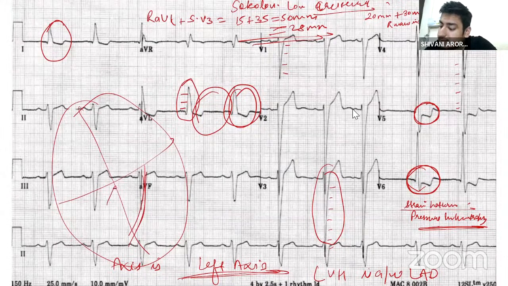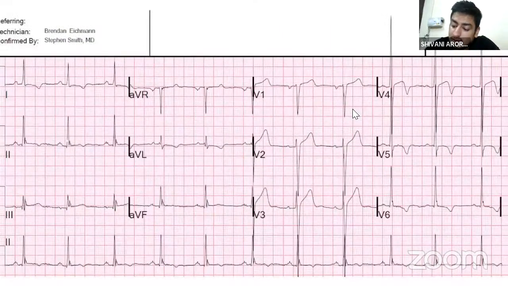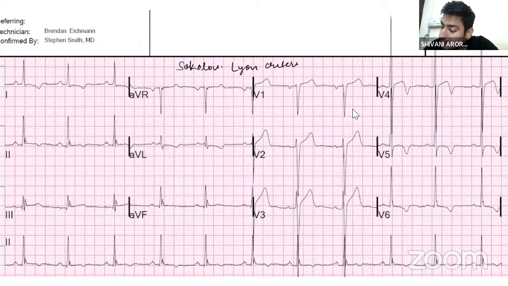This is the next slide. In this slide also, let us try to apply all the criteria. First of all, the Sokolow criteria. So S in V1 is approximately 3 big squares, that is 15 mm. R in V5 is 1, 2, 6, 30 mm, so 45.